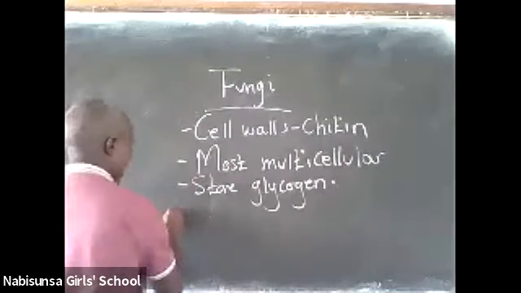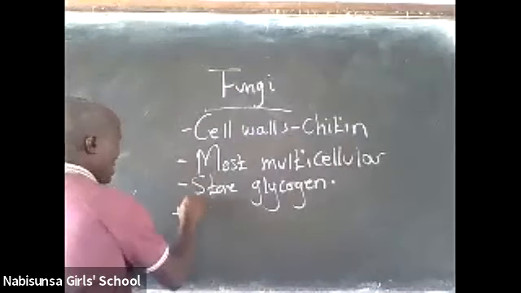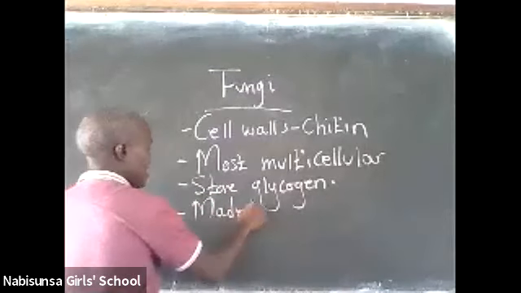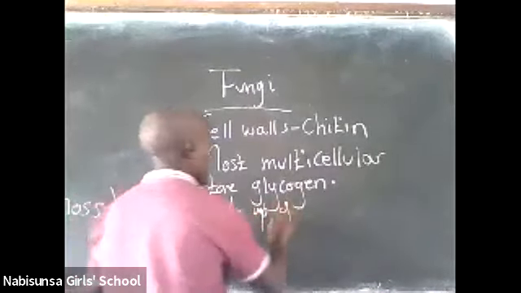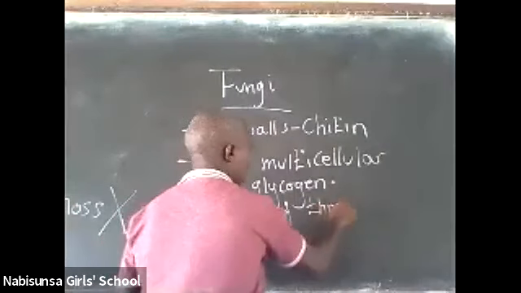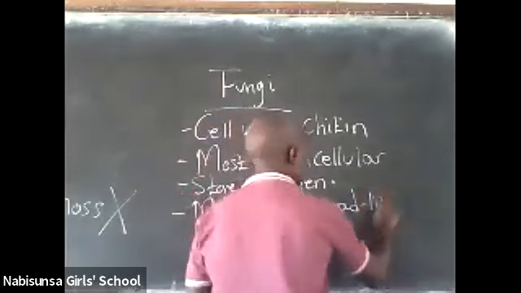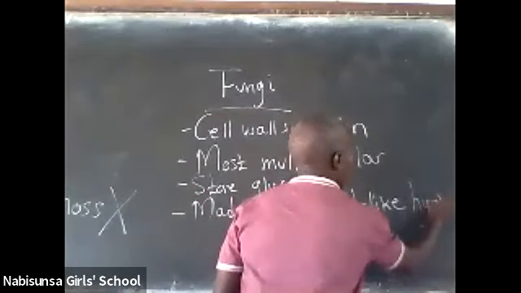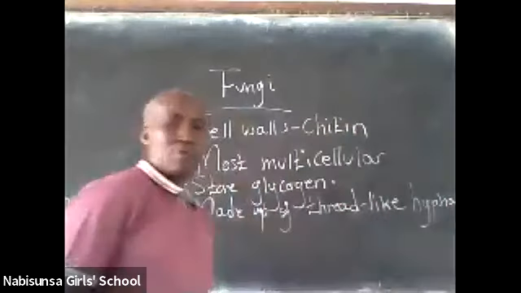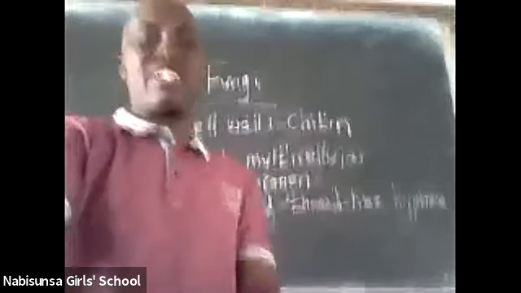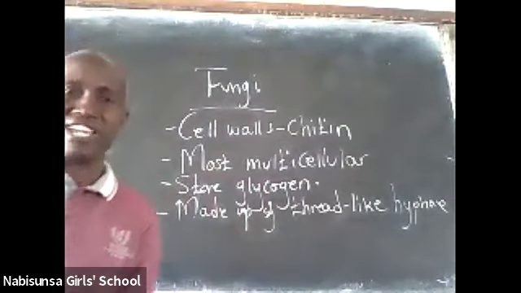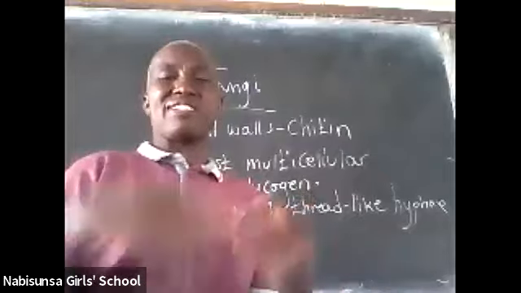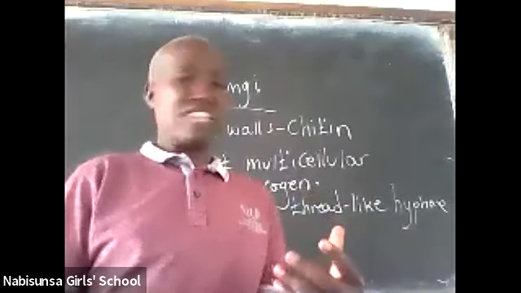Another characteristic, as shared by Chimtai, she says their bodies are made up of thread-like structures called hyphae. That is very correct. Their bodies are made up of thread-like structures that we call the hyphae.